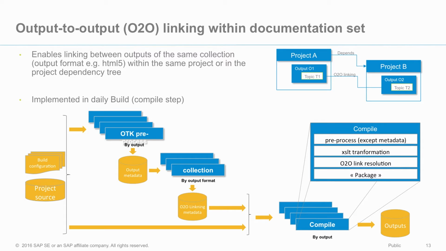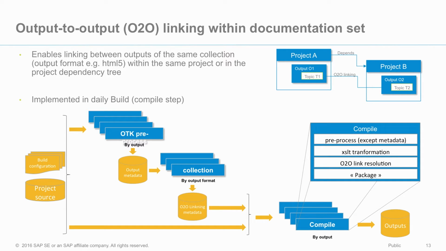So if I have a collection with HTML5 content, and different outputs in my project, I can link between a topic from my project A and within an output in my project to another output produced from the same project or another underlying project.